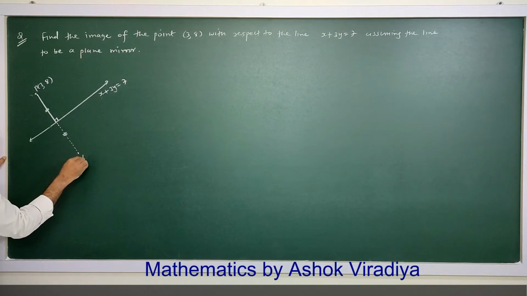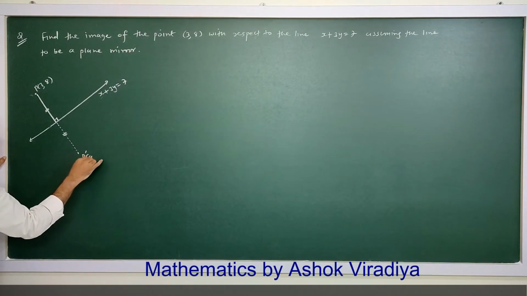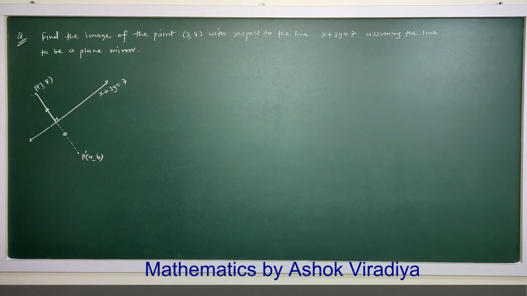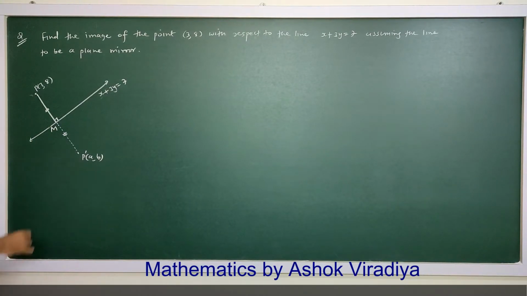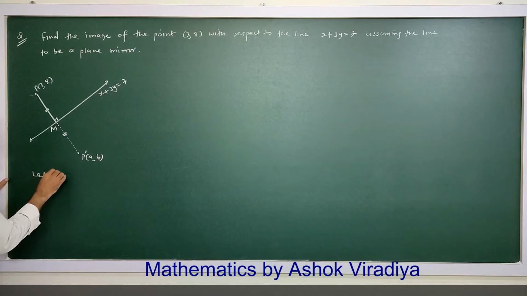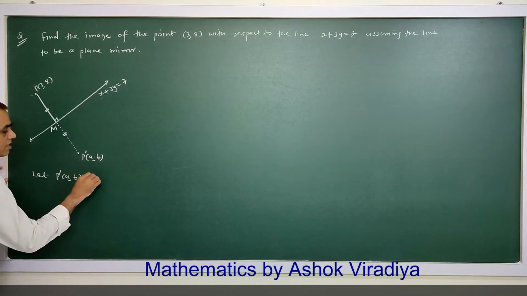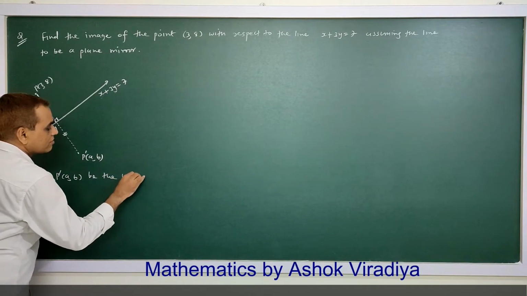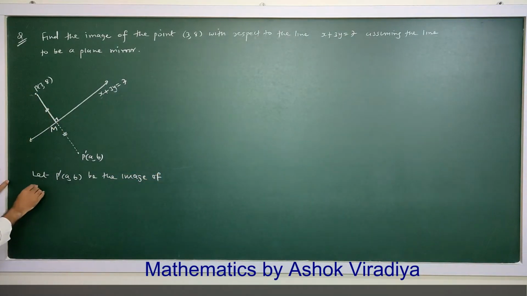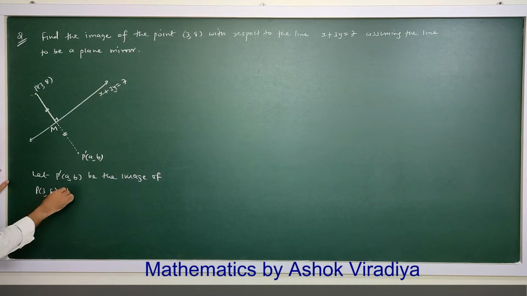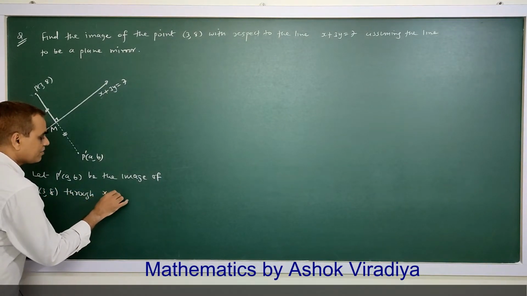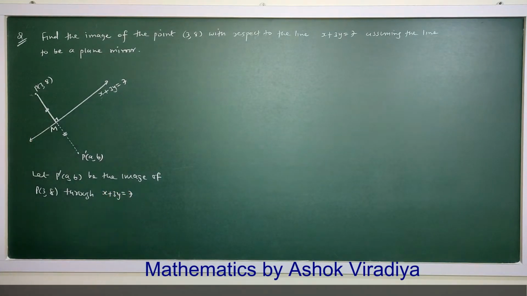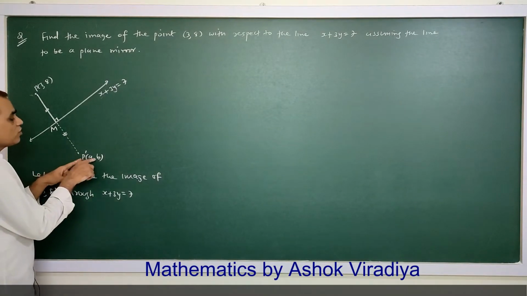Suppose the image is P', let me say (a, b). So M is the midpoint. Here let P'(a, b) be the image of the point P(3, 8) through the line x + 3y = 7. We want the coordinates of P'.